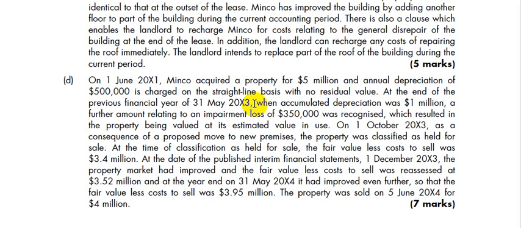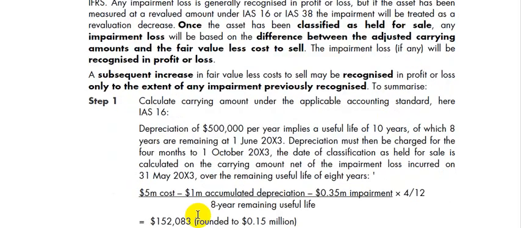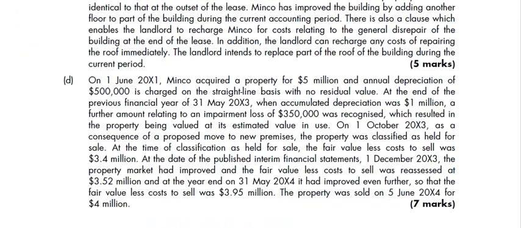Then we move to November, compute the depreciation to November. Before we even look at the November, the question tells us there's an impairment of 350, which resulted in the property being valued at its value in use.